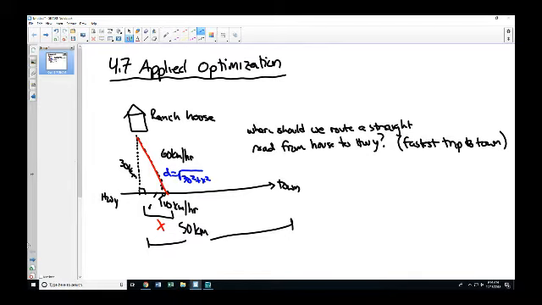Okay. Do you remember how to calculate speed? We want to optimize the speed, right? You can tackle this two ways. You can go with maximum speed, average speed, or you can go with shortest trip time. The speed is going to be easier.